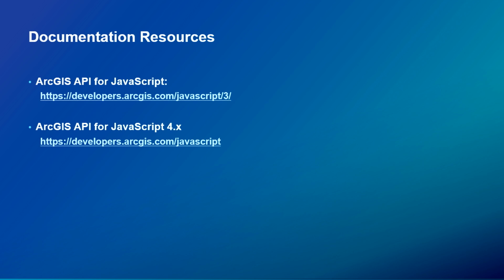So that brings us to the end of the capabilities using the ArcGIS API for JavaScript. And these are the documentation resources. I would like to hand over to my colleague, Sachin, for looking at the map viewer and Web AppBuilder.